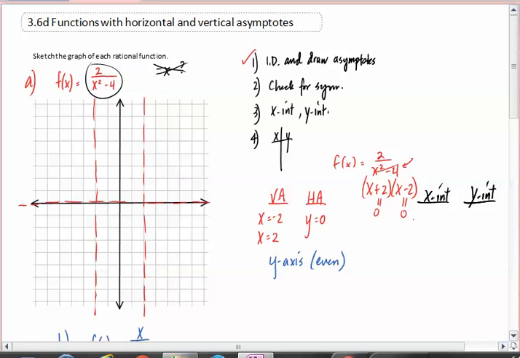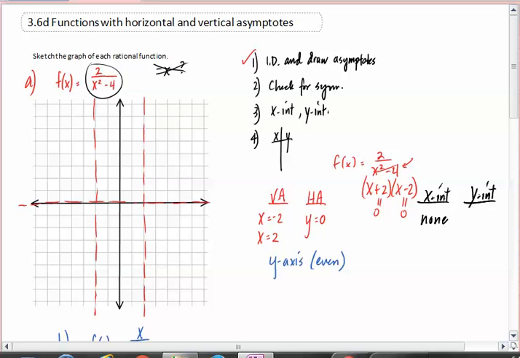Well, is a 2 ever going to be a 0? No. So I don't have any x-intercepts on this graph. Okay, no x-intercepts. Well, that makes sense because there's a horizontal asymptote there. But just as a little tidbit, the actual graph can pass through a horizontal asymptote. We'll look at that later, but in this one it's not going to.